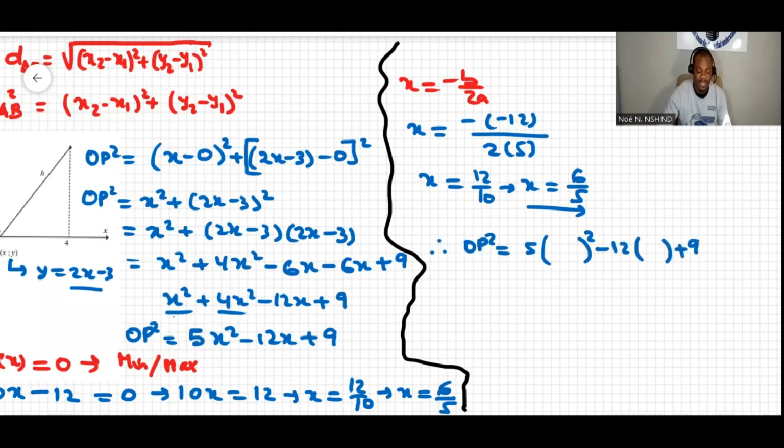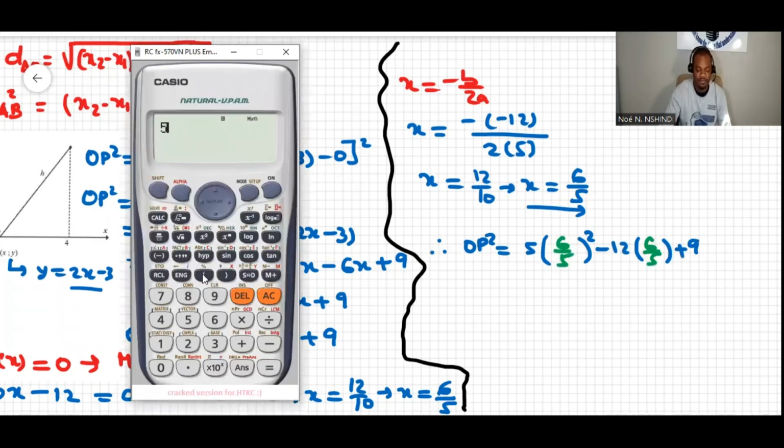We substitute the value of x, which is 6 over 5. Again, we can use the calculator to find OP squared. So we say 5, open bracket, 6 over 5, close bracket to the power of 2, minus 12, open bracket, 6 over 5, close bracket, and then plus 9, and this is equal to 9 over 5.